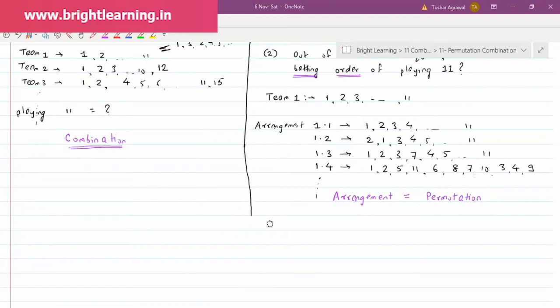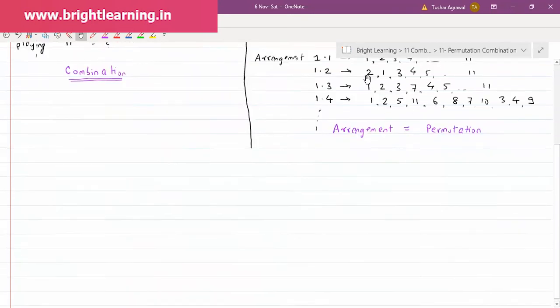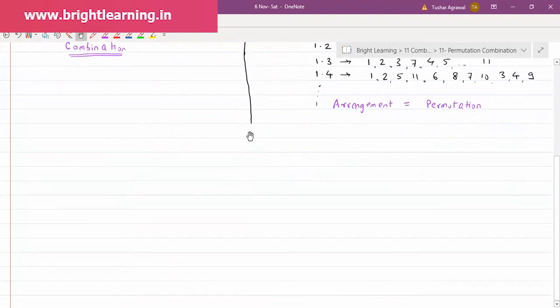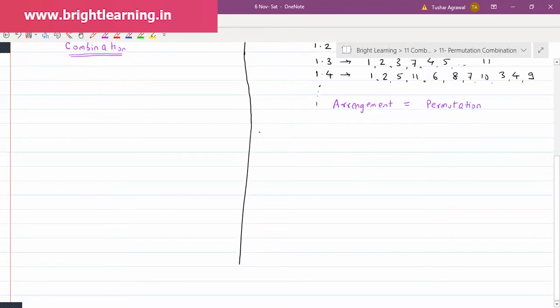The permutation part is the arrangement in which the players have to be picked up. Let's say you have to submit the names to the ICC, position 1, batting order, I'm telling you. Now these are positions.